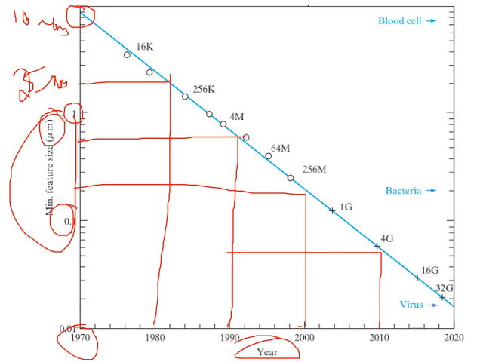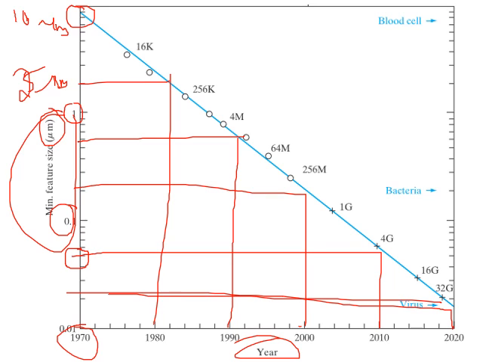Then in 2010, the size of the transistor became less than 0.1 micrometers, correct? And in 2020, it is very, very less, coming near to 0.01 micrometers, right? 0.01 micrometers means 10 nanometers, correct?